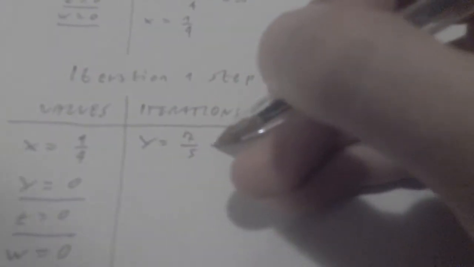So y is equal to, let's see what the equation was, a scalar, 7 over 5 minus 1 over 5x, so it's dependent on x, the x we have just found, minus 1 over 5z, so it's also dependent on z. So y is equal to 7 over 5 minus 1 over 5 times 1 over 4, minus 1 over 5 times 0.